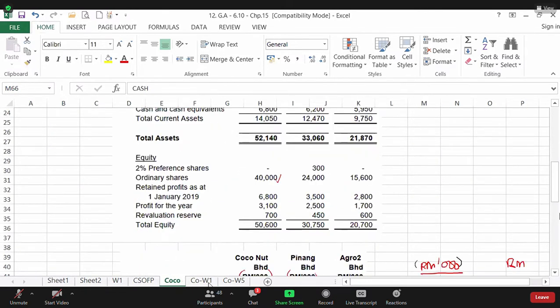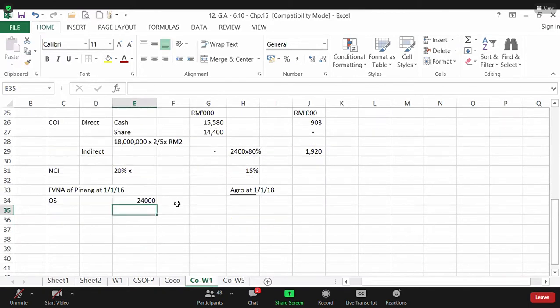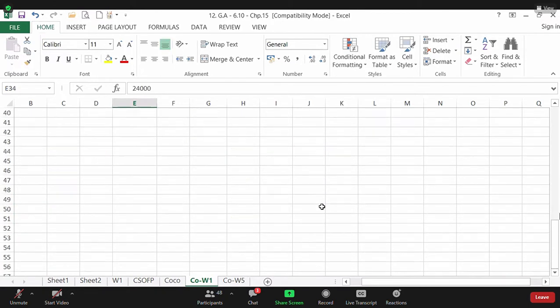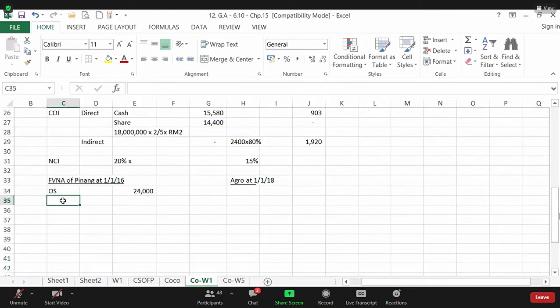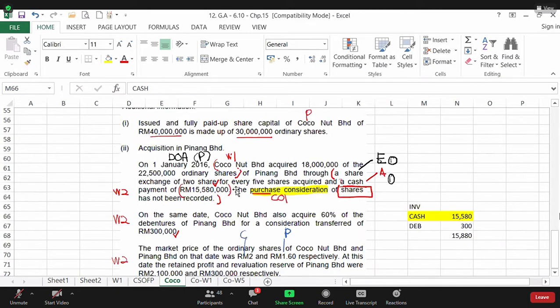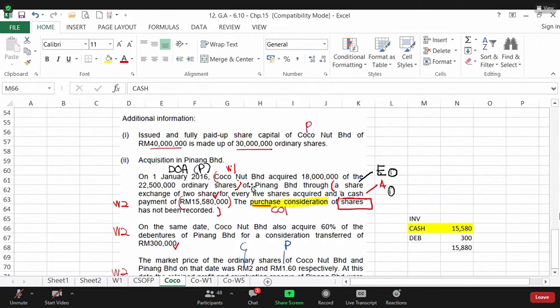OS 24. And then I settle Penang first, so value net asset. And you have RP. Very easy information, working to the next paragraph, which is how much.